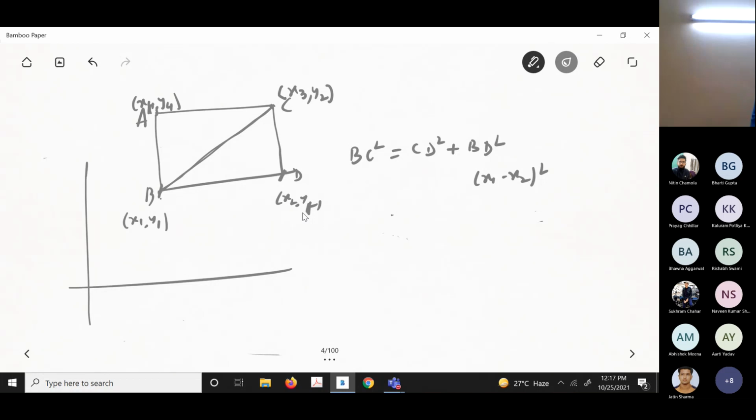This will be x2, y2. Wait a minute, this is y1, I have taken y2, so this is also y2. So this difference will be y1 minus y2 squared, and you take the square root of that. Exactly that I am doing here.